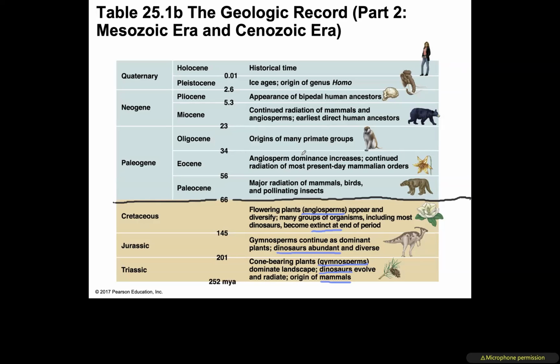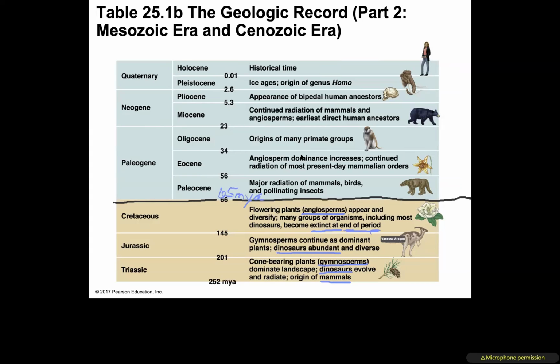Trying to write here. So dinosaurs became extinct 65 million years ago. Boom. There you go. Hopefully you can see that. Because like it says, at the end of the period.